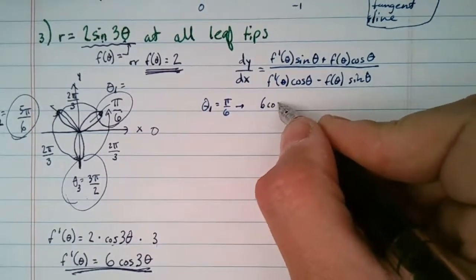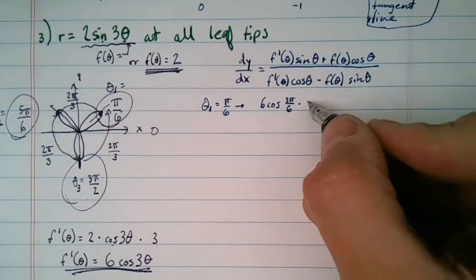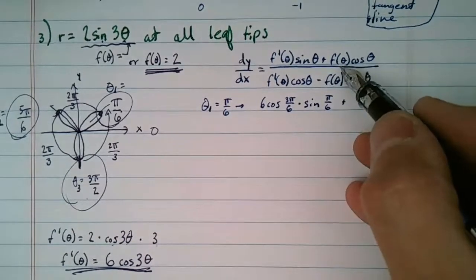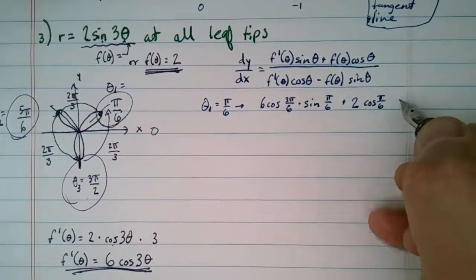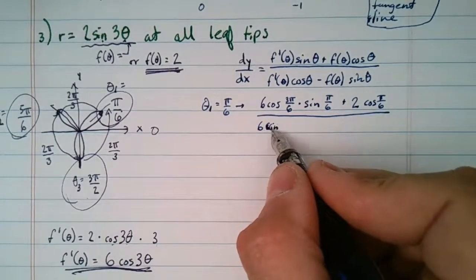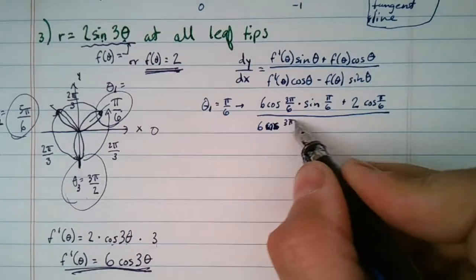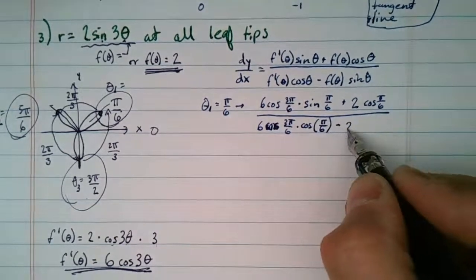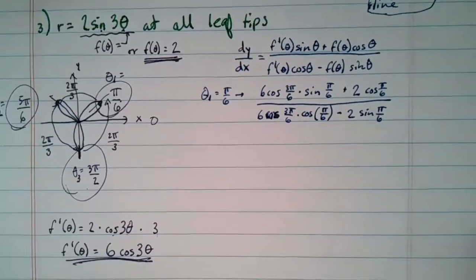So it'll be 6 cosine of 3 pi by 6, so 3 times pi by 6, times sine of theta, which is pi by 6, plus f of theta, which in our case is just 2, cosine of pi by 6, over 6 cosine of 3 theta, f prime of theta, times cosine of theta, minus 2 sine of theta. Okay? So this will be for theta 1.